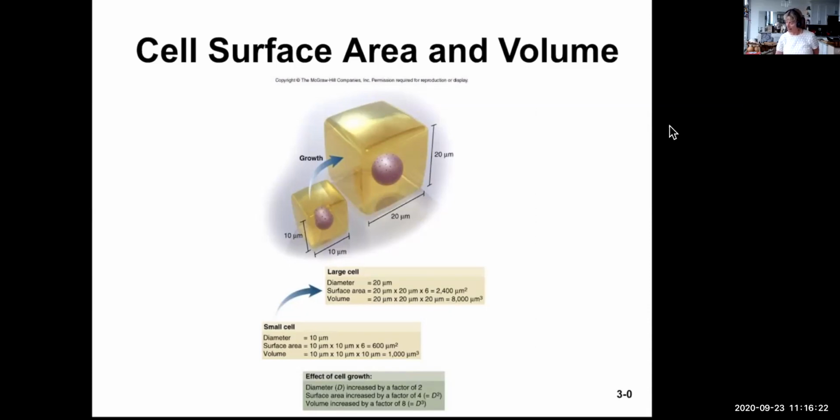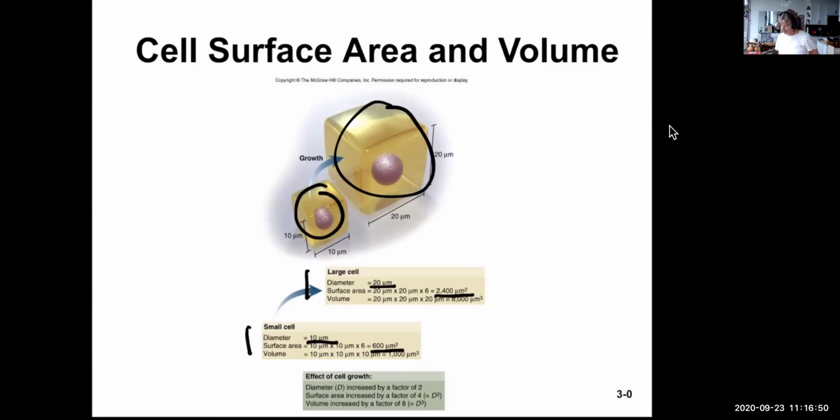Yeah, so here you've got a small cell and a larger cell. The diameter of the large cell, this is a small cell, this is a large cell, the diameter has doubled. So 10 micrometers to 20 micrometers. The surface area has gone from 600 micrometers to 2,400 micrometers.